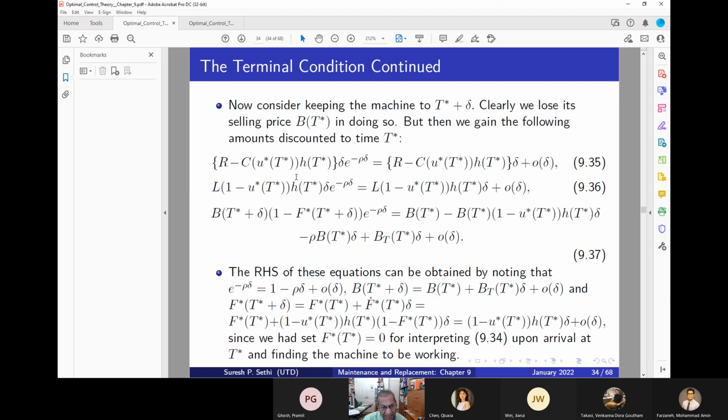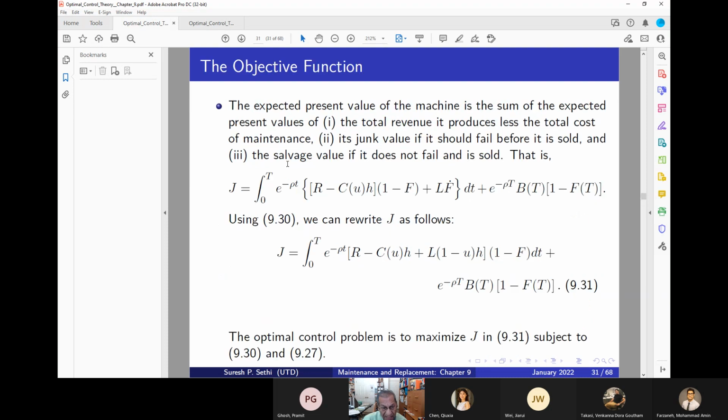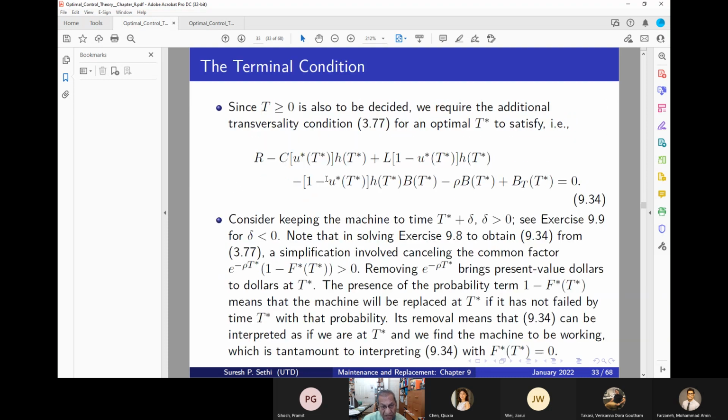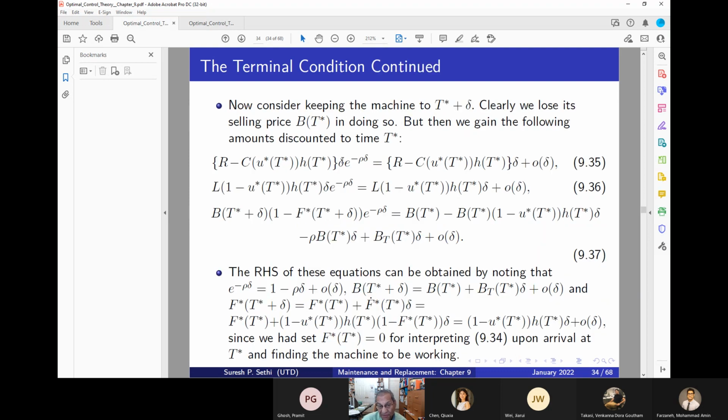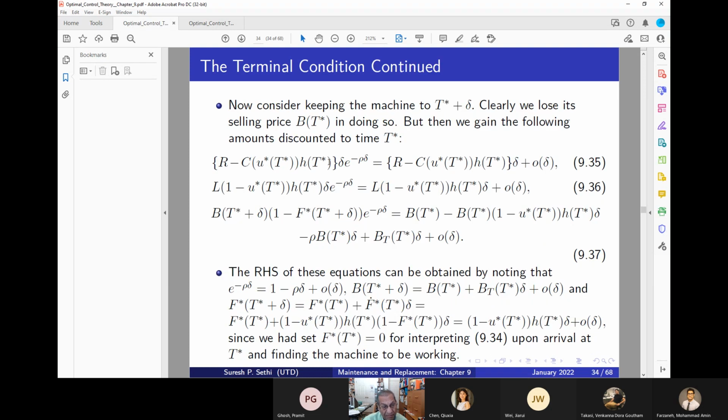So I'll recover that, but I'm integrating. So when I integrate from t star to t star plus delta, where delta is very small, remember, delta is very small, so I can just simply multiply it. I don't have to integrate from t star to t star plus delta, because delta is going to go to 0 eventually. I have to take the limit delta going to 0 to find this, so I might as well just multiply by delta.